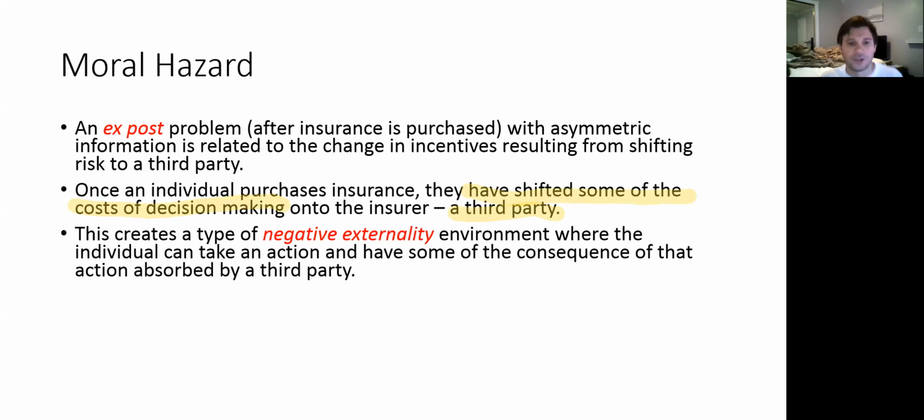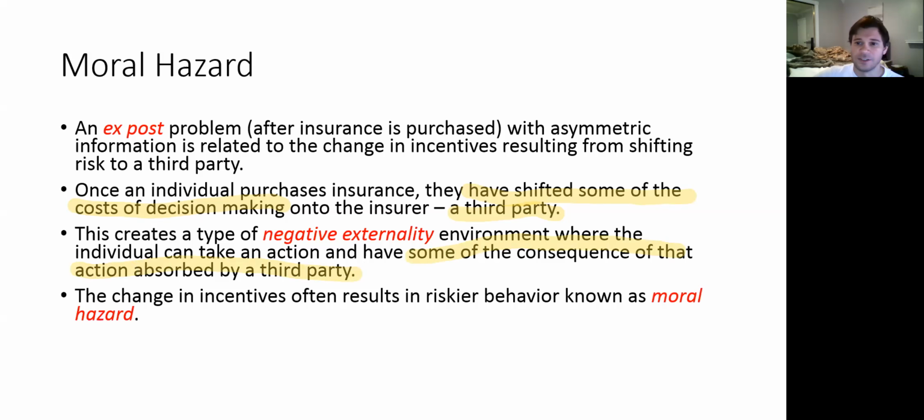They can behave riskier, and they don't face the full consequence of that decision anymore, in that some of that consequence is now going to be absorbed by a third party, the insurer.